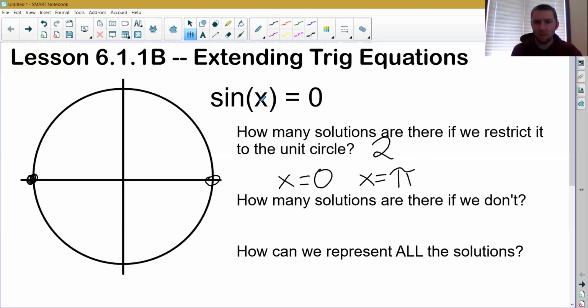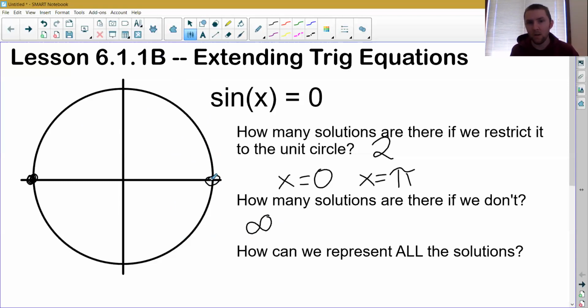Now, the question is, how many solutions are there if we don't restrict the domain at all, and we just let the graph keep going forever in both directions, or we keep going around and around the unit circle forever, or we go backwards around the unit circle to get negatives forever? How many solutions are there going to be then? It should make sense that there are going to be infinite solutions, because we never stop going around.